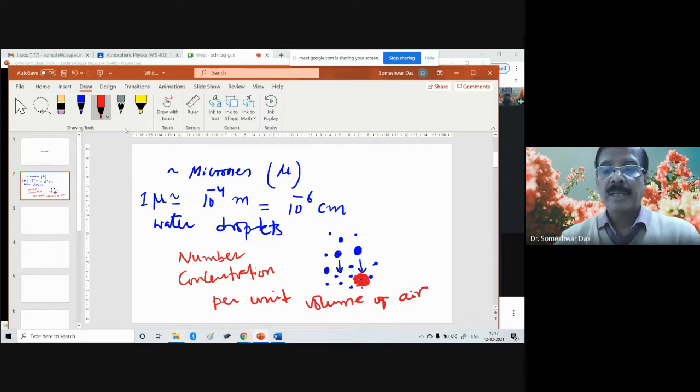There are sometimes several thousand water droplets, or even larger numbers, billions of water droplets can form inside a cloud. These droplets have different sizes, so they are affected differently by gravity, and their fall speed also varies accordingly.